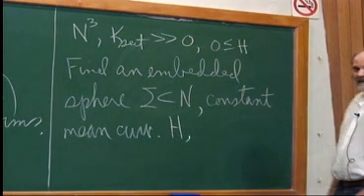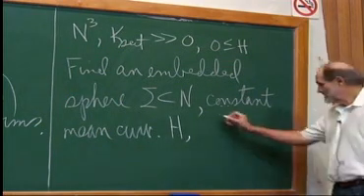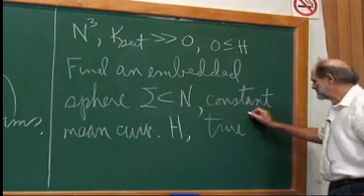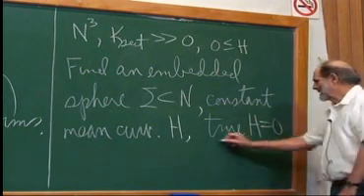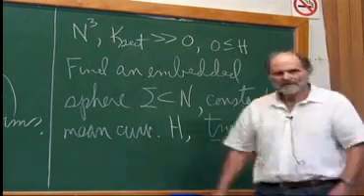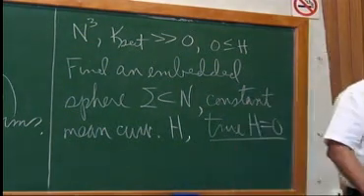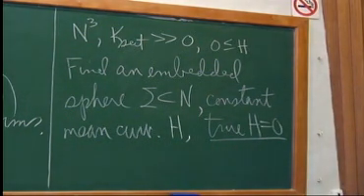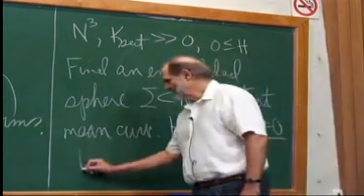We do know something about it. We know it's true for h equals 0. A student of Leon Simon named Smith did this in his thesis. And we know that it's true for h very big.